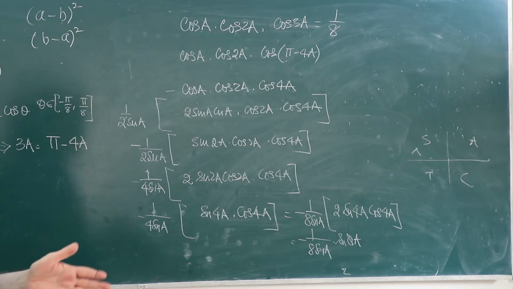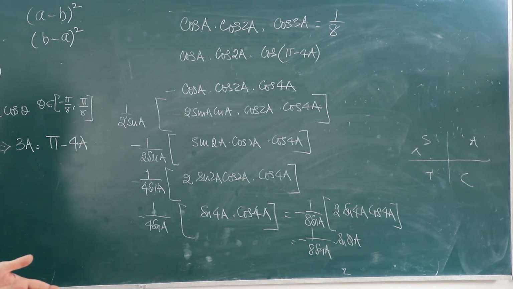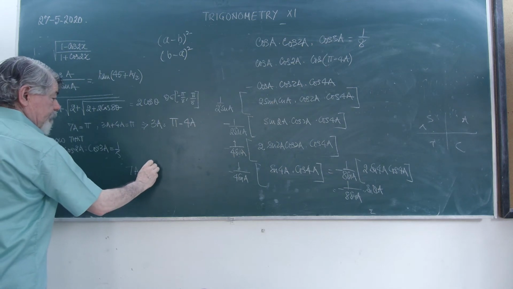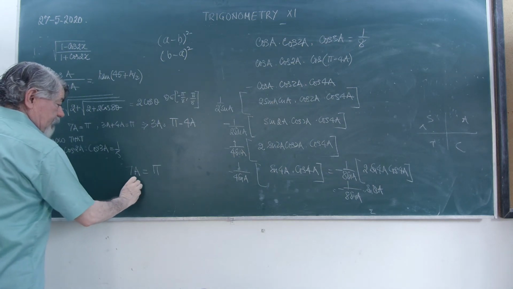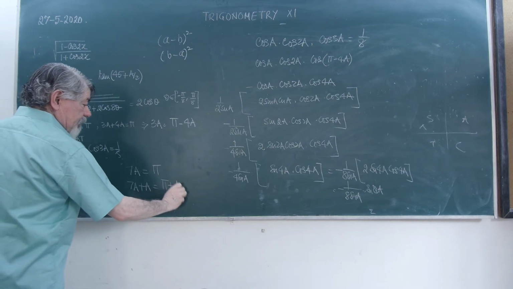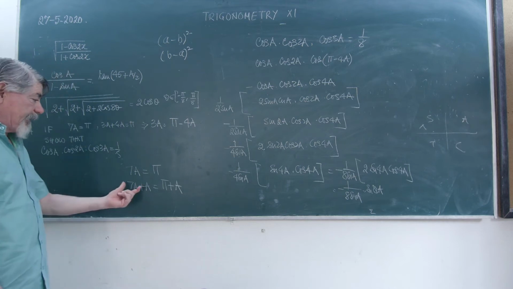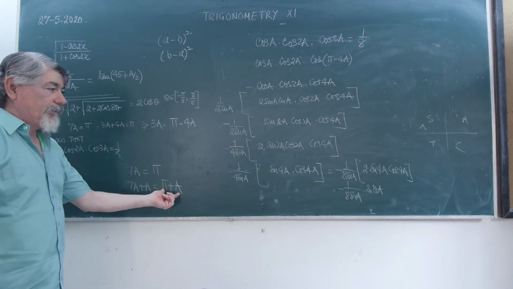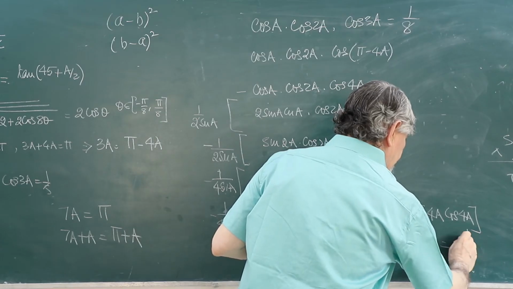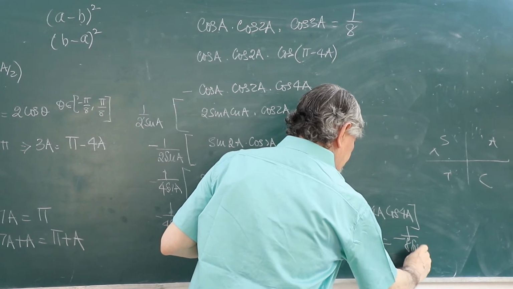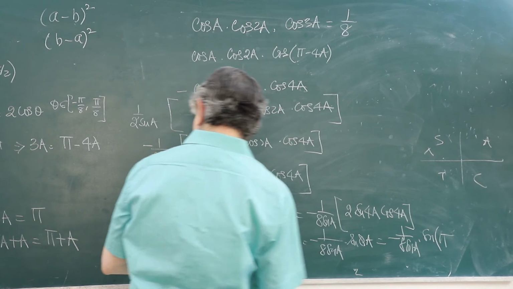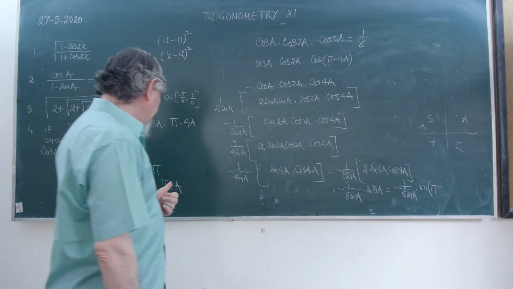Now sin 8A, how am I going to write sin 8A? You know that we are given 7A is equal to pi. So 7A plus A will become 8A, it will become pi plus A. So it is minus 1 upon 8 sin A, and instead of 8A, what can I write?